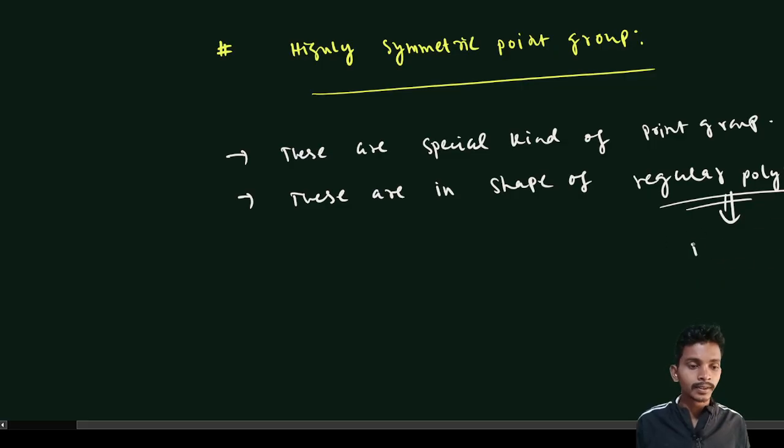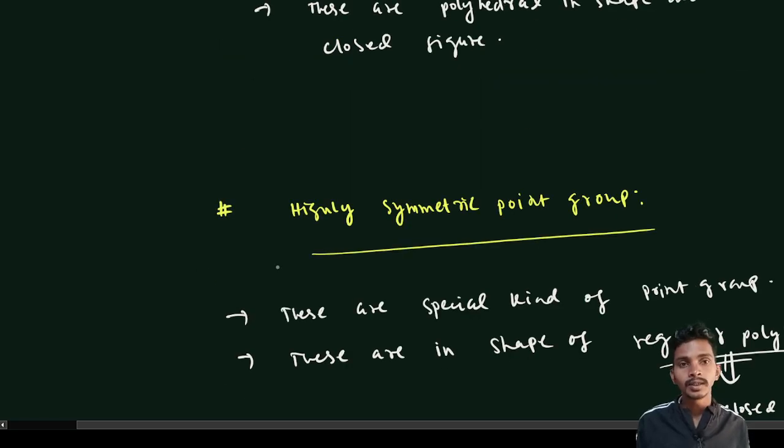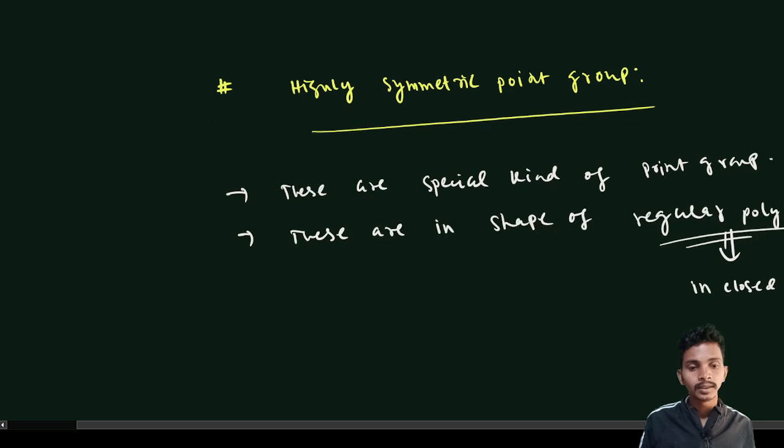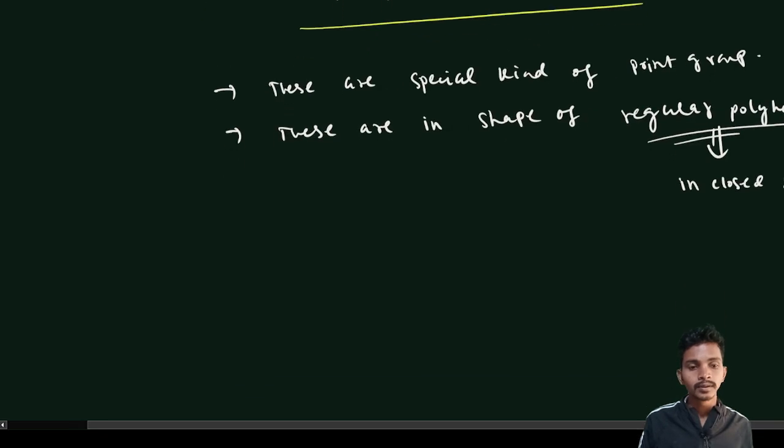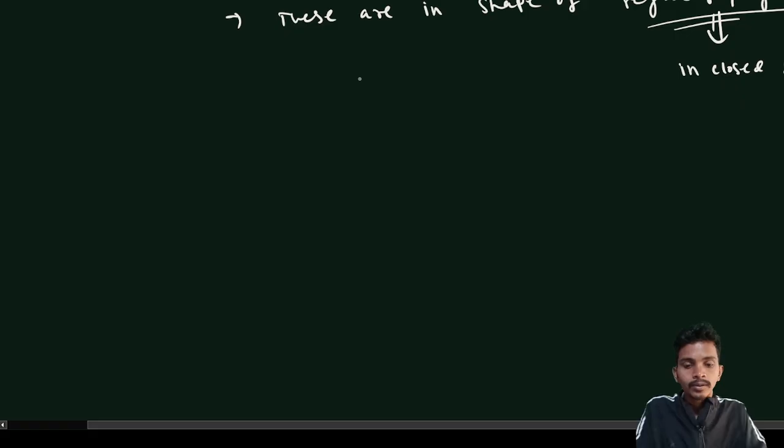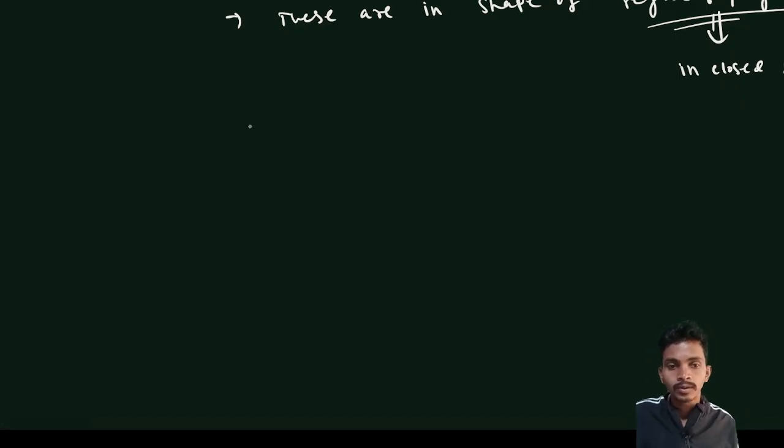What do you mean by a closed figure? Let's say these regular polyhedrons have vertices, and all vertices are equivalent.